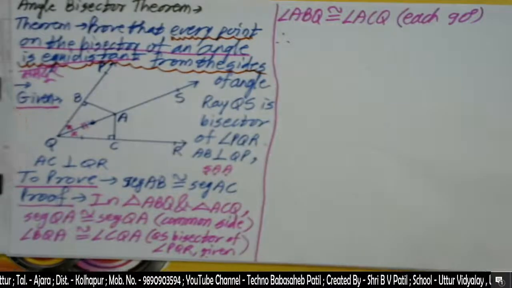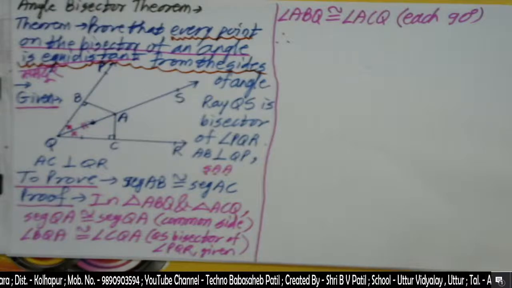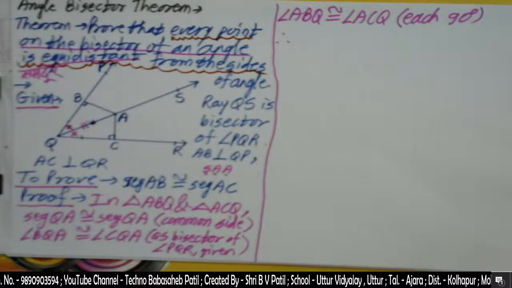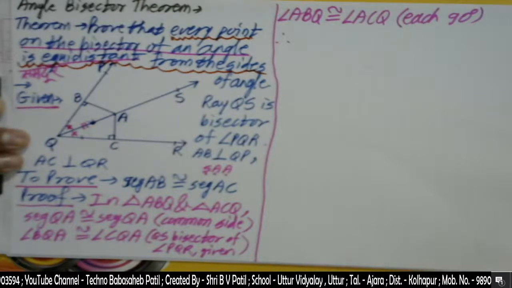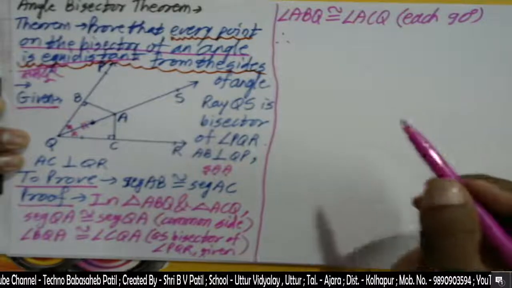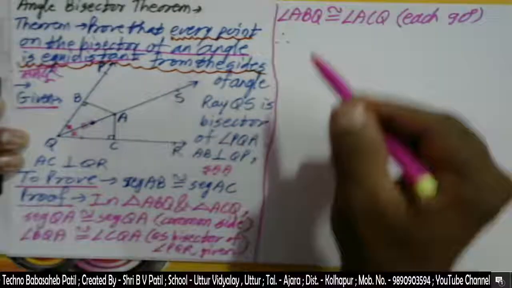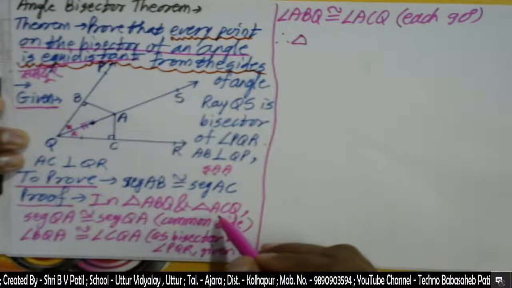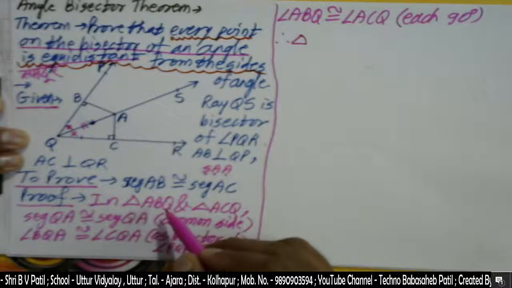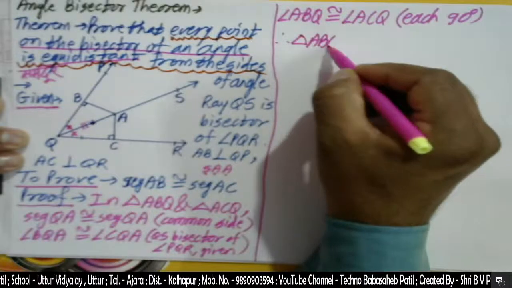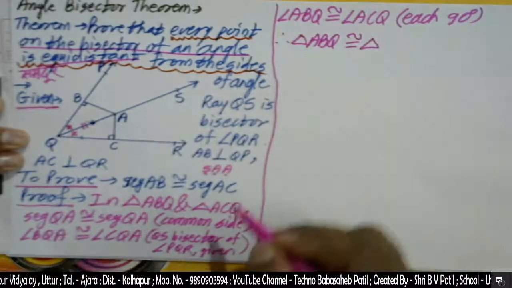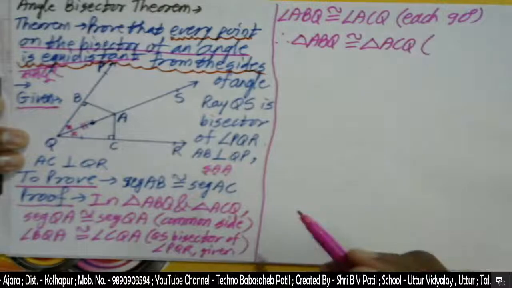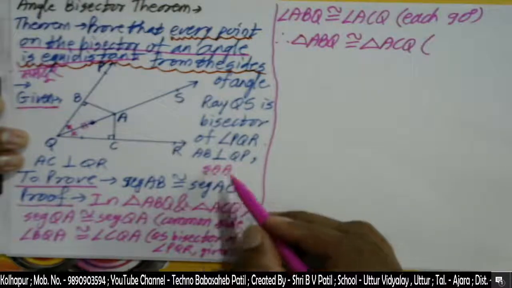Therefore, we can say that three conditions we get, means two triangles are congruent, that is triangle ABQ congruent triangle ACQ, and reason is SAA test.